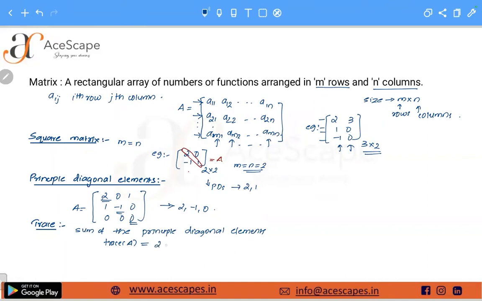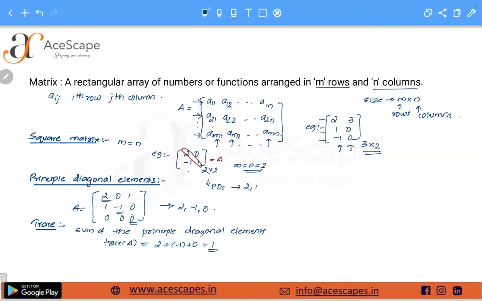The sum of the elements of the diagonal is called the trace. What are the diagonal elements? 2, -1 and 0. What is the sum? 2 plus -1 plus 0 is 1. So the trace of this matrix is 1.